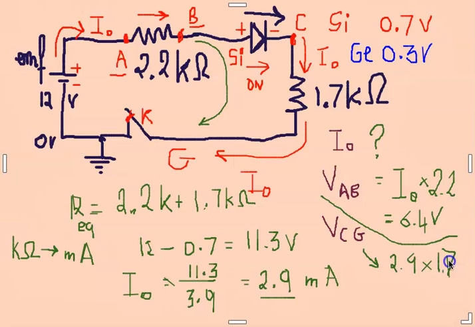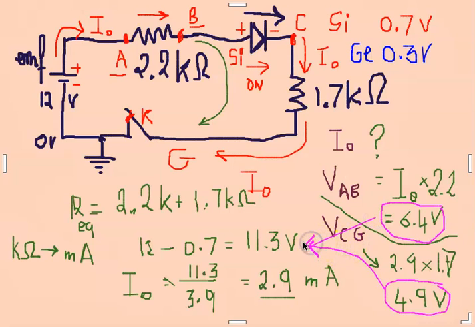That gives us 4.9 volts. And from here, obviously, if you add up these two, 6.4 and 4.9 volts, then you get the total voltage we calculated before, 11.3 volts.